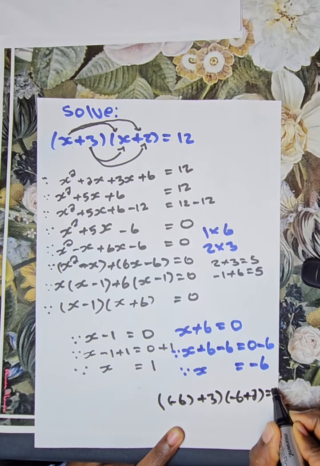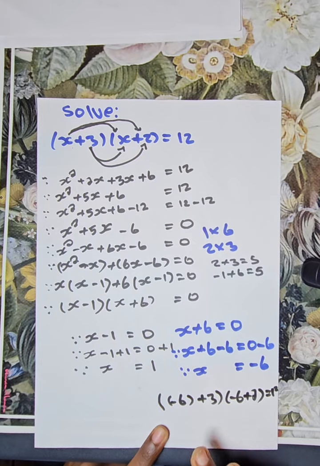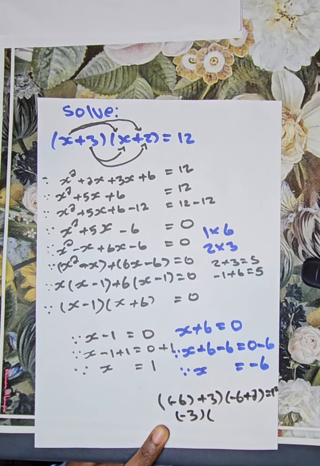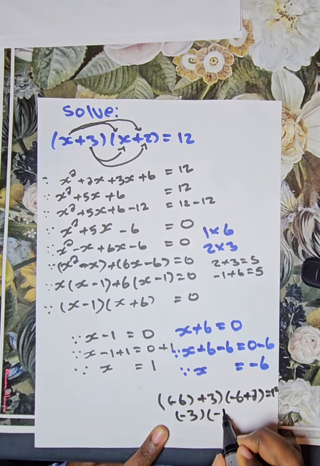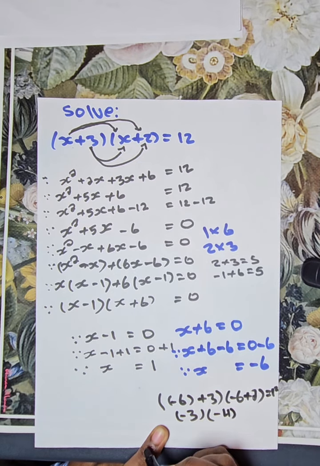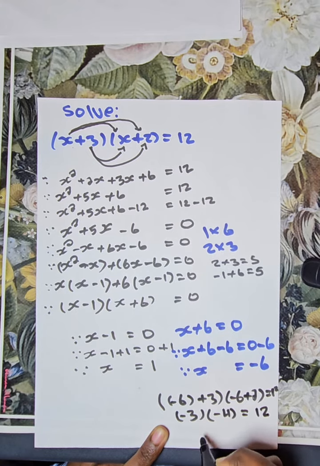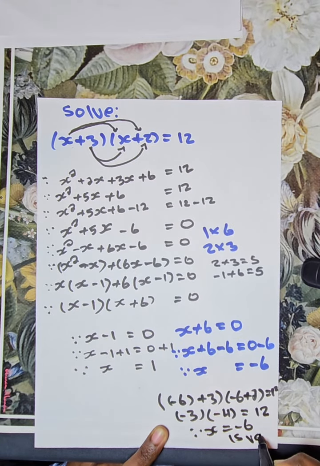This all must give me the answer of 12. If I add 3 to negative 6, it gives me negative 3. If I take negative 6 and add 2, it gives me negative 4. Negative 3 times negative 4 gives me 12. Therefore, x equals negative 6 is valid.